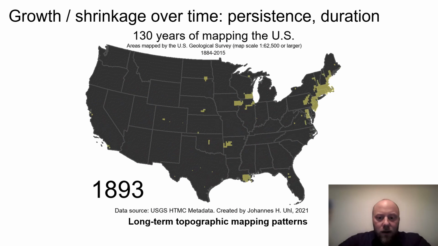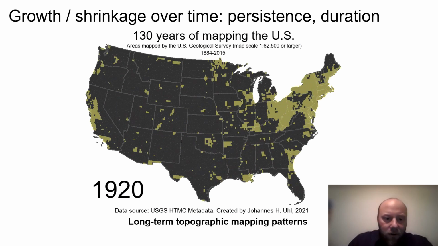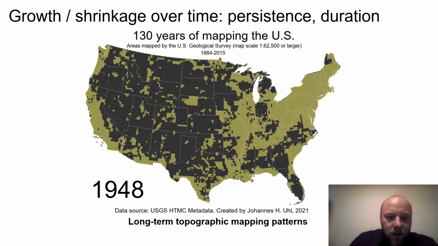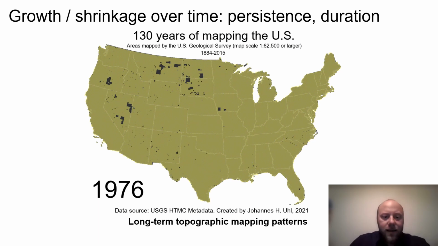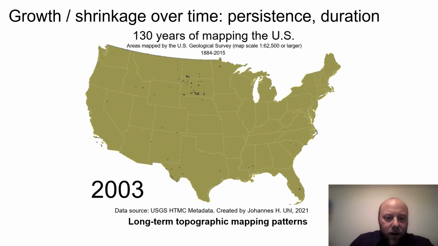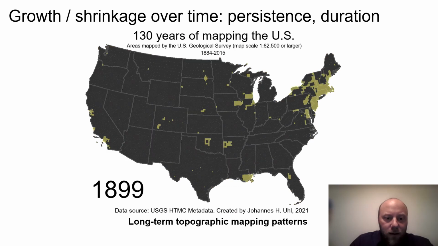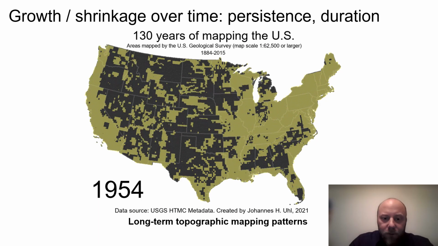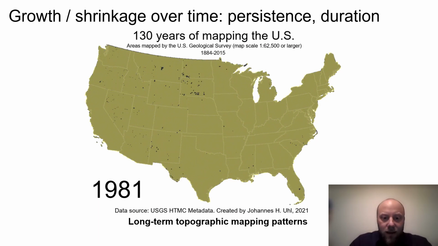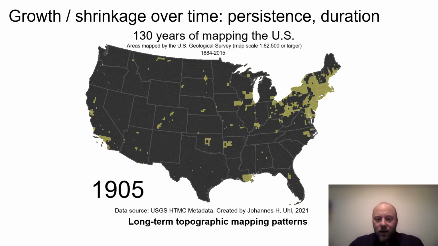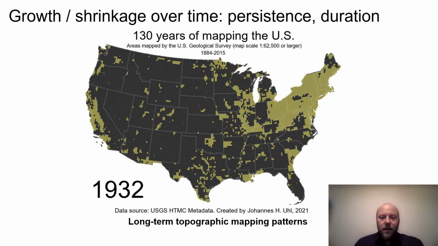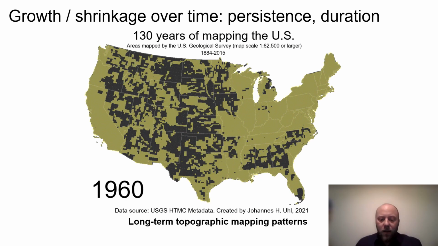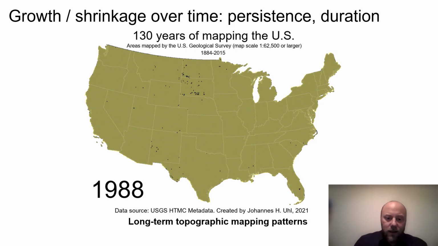What is interesting here is you can see, for example, if you look at the California region, that the mapping pattern really went from north to south, as you see in the Sierra Nevada region, which is quite interesting. And then you can see since the 1980s, most of the country has been mapped, right? So another way to look at growth over time, here looking at mapped areas, long-term topographic mapping patterns.